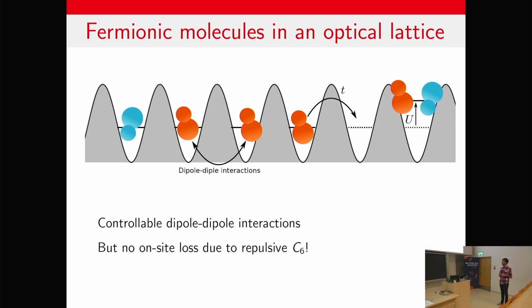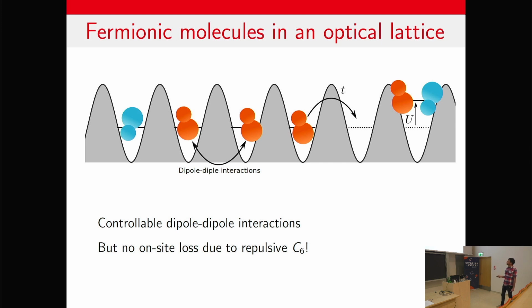The idea here is, again, that you can induce dipole-dipole interactions, but by doing that in J equals 0 plus 2 rather than, let's say, 0 and 1, you have the advantage that if your lattice allows tunneling between sites, and that happens between molecules in the two different rotational states, we get a suppression, like repulsive interactions, and we can suppress losses that would occur when two molecules are on a single site.